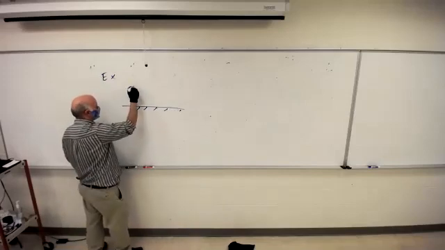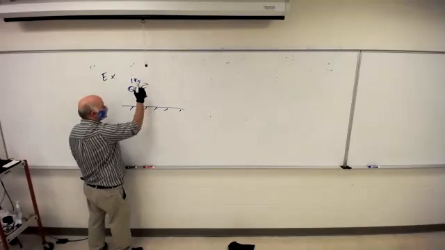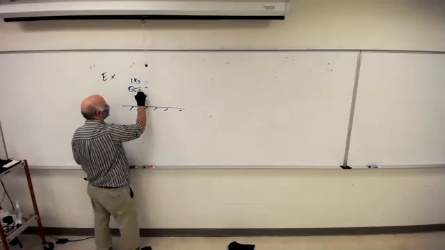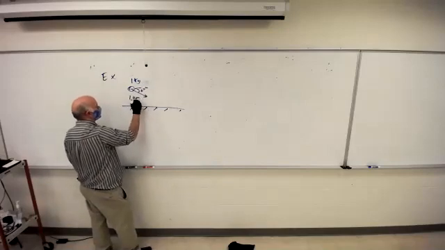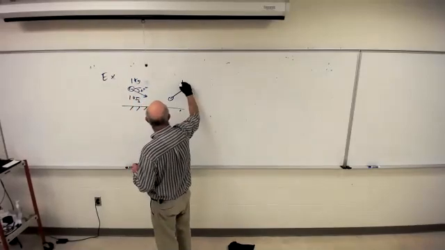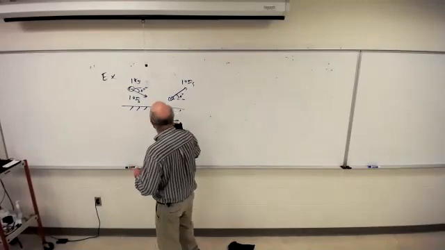We have a ball like this. Let's say it's a one kilogram ball. So there's a velocity here. Let's say this is 30 degrees. Let's say this velocity here is 10 meters a second, this way, at 30 degrees like that.